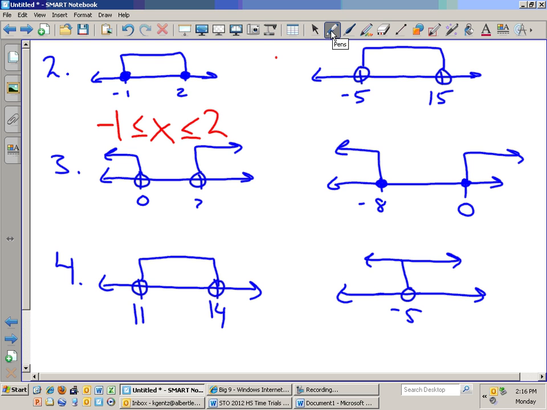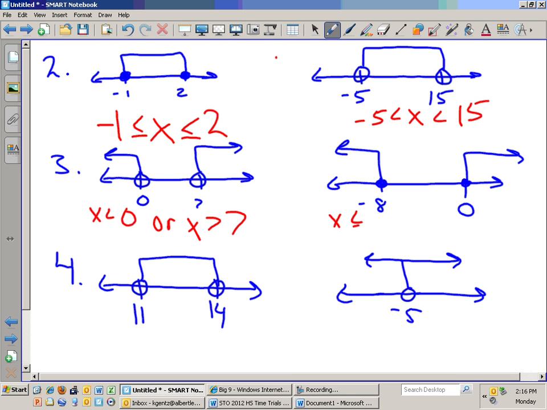This next one should be x is greater than negative 5 and less than 15. Should look like that. This one should be x is less than 0 or x is greater than 7.